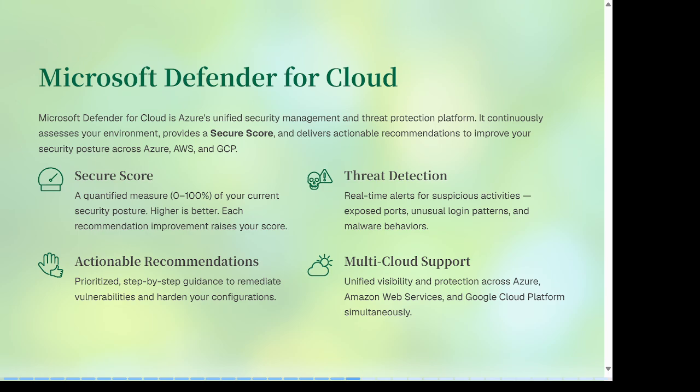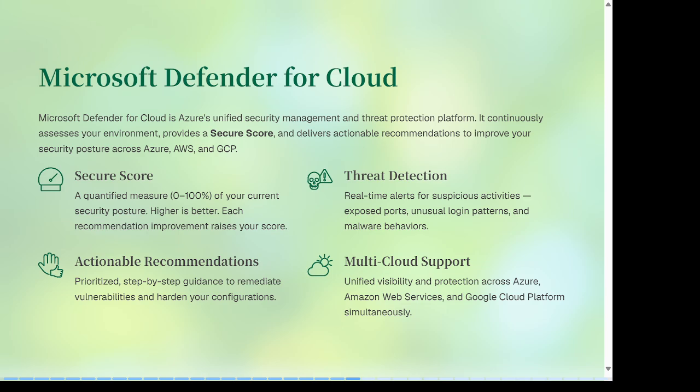Threat detection. Now let's talk about threat detection. Microsoft Defender for Cloud continuously monitors your environment in real time. It looks for suspicious login activity, exposed ports and misconfigurations, malware or malicious behavior, unusual resource usage patterns.